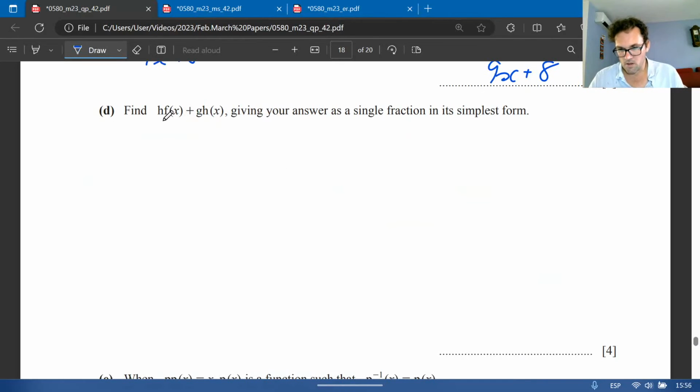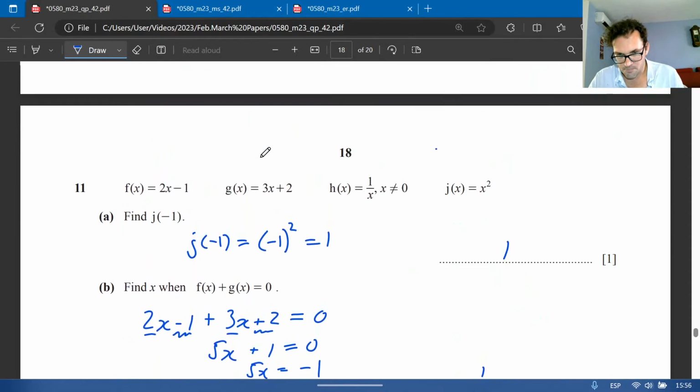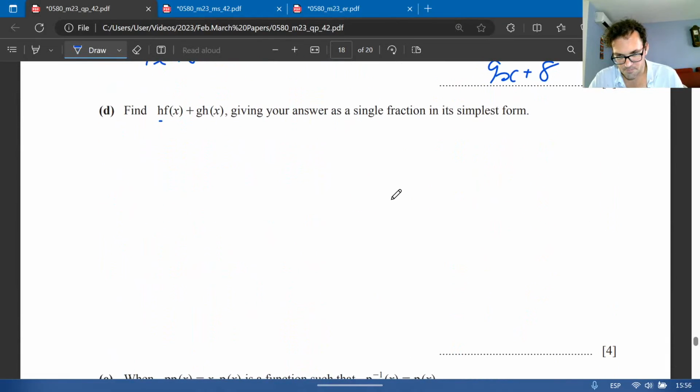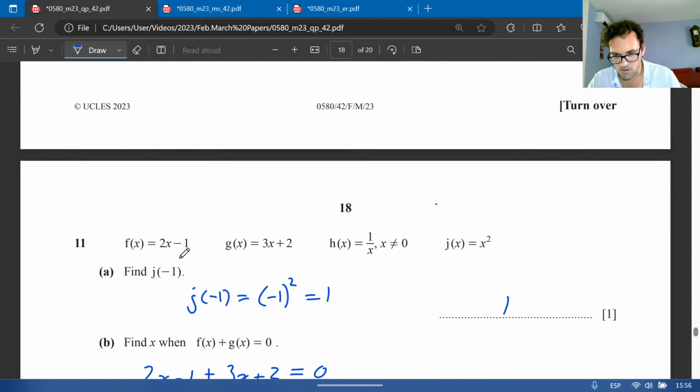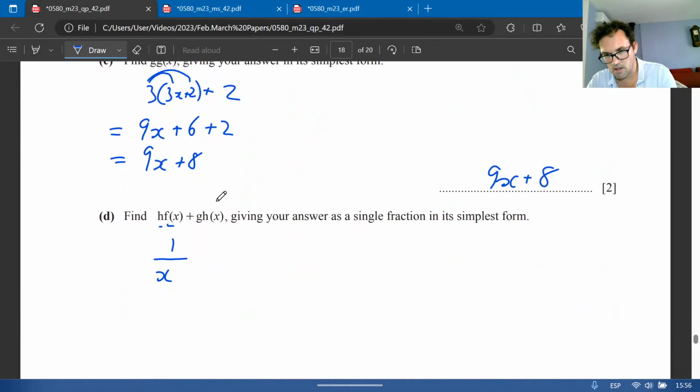Right, so first we're going to take the function h. What is that? 1 over x. That's the function h. And then where the x is, we're going to put the function f, which is 2x minus 1. So instead of x, we put 2x minus 1.